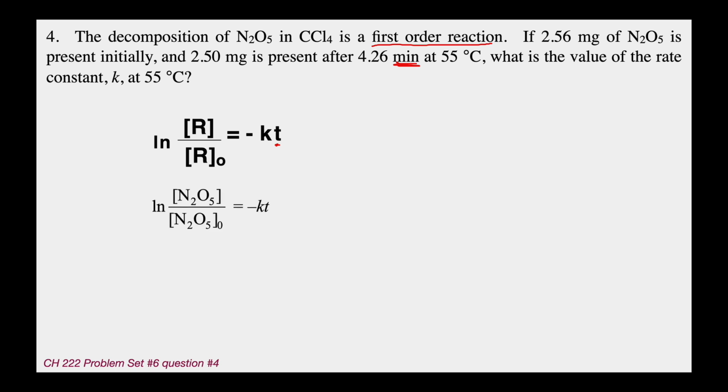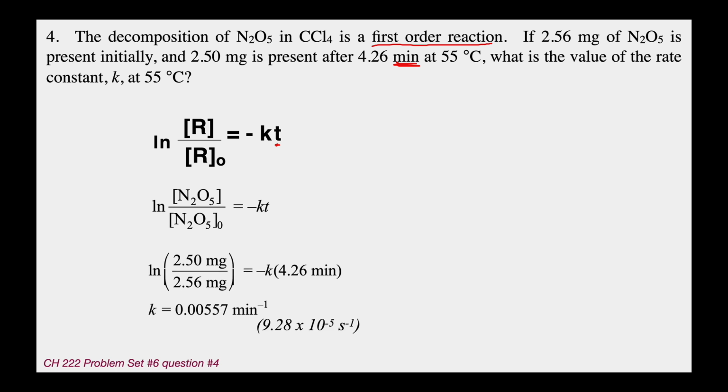In this problem, we're going to have the N2O5 divided by the N2O5 we started with equals minus KT. So milligrams, we started with 2.56 milligrams, and after 4.26 minutes, we had 2.50 milligrams left. So you can see there the initial was 2.56 on the bottom, 2.50 is what's left on top, 4.26 minutes was the time elapsed.